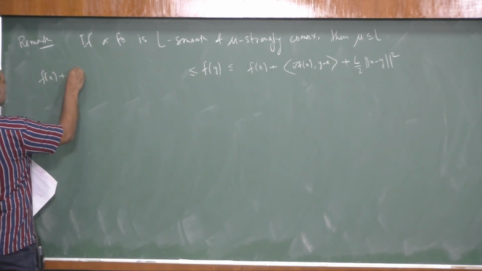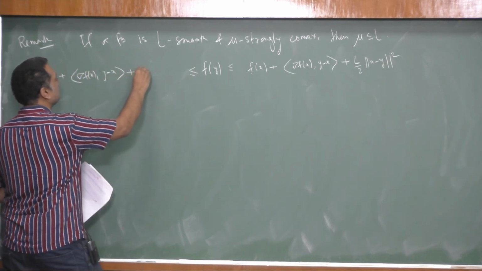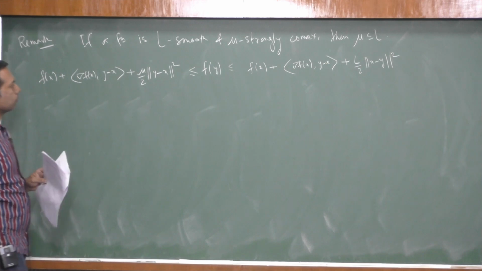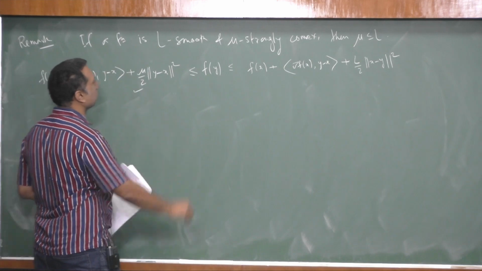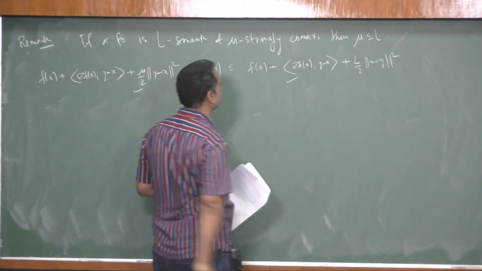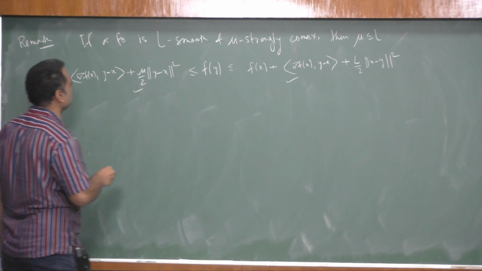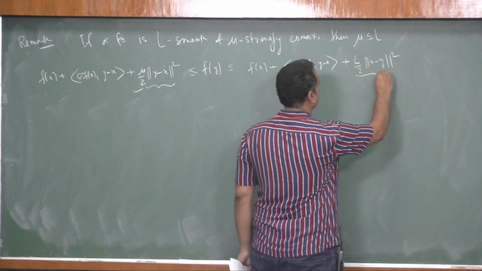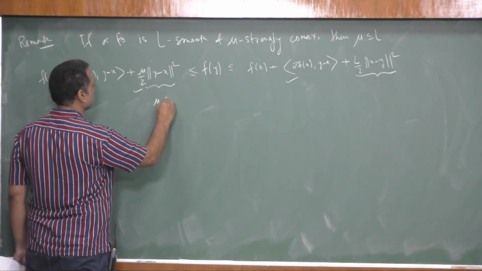So f(x) plus grad f(x) times (y minus x) plus mu by 2 times norm of (y minus x) whole squared. So when we say function is mu strongly convex, then we mean this, and when we say that it's L smooth, then we say this. If a function satisfies both, then as we have seen at the end of the last lecture, the only way they differ is this last term, right?